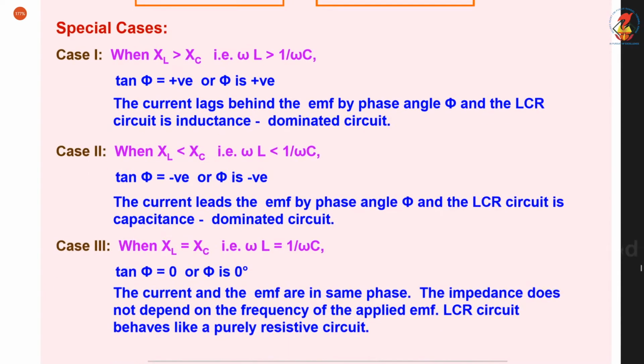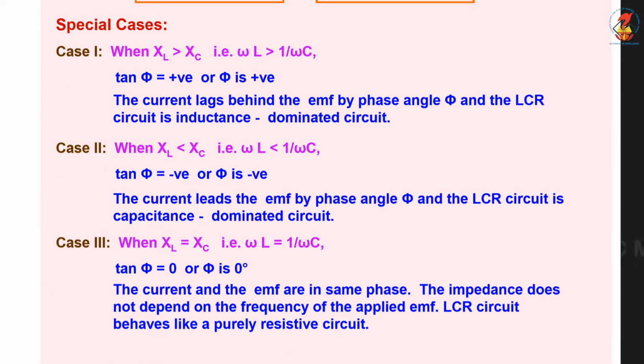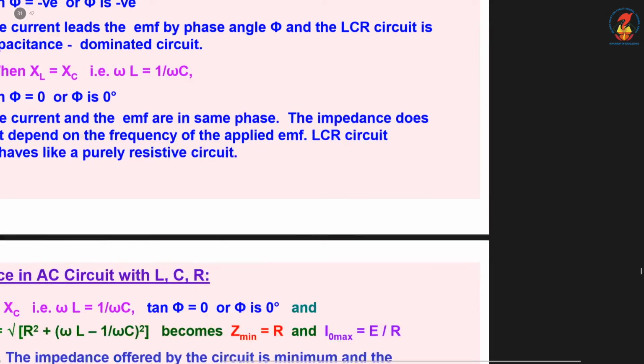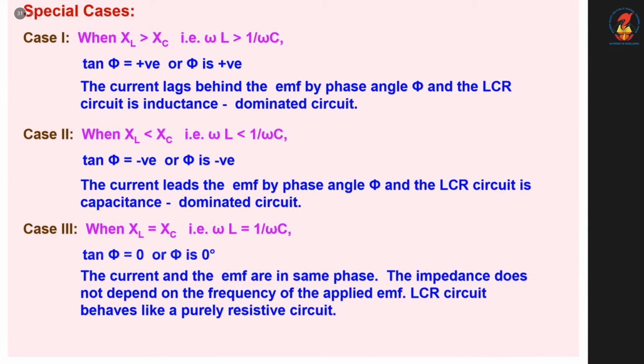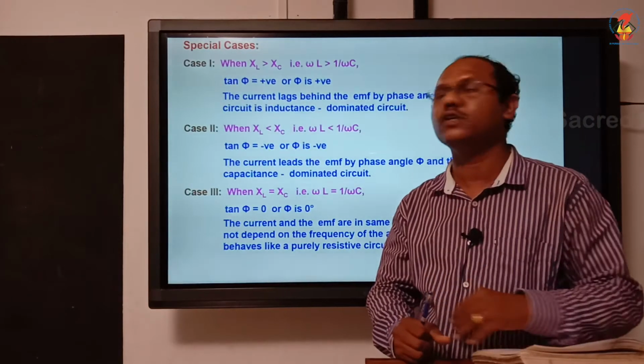Now here you see I have written certain cases. The first one is case 1, when XL is greater than XC. When XL is greater than XC, L omega is greater than 1 by C omega. At that time tan phi is positive, we say phi is positive. So we can say that the current lags behind the EMF by a phase angle phi, and the LCR circuit is inductance dominated. That means we call it an inductive LCR circuit.